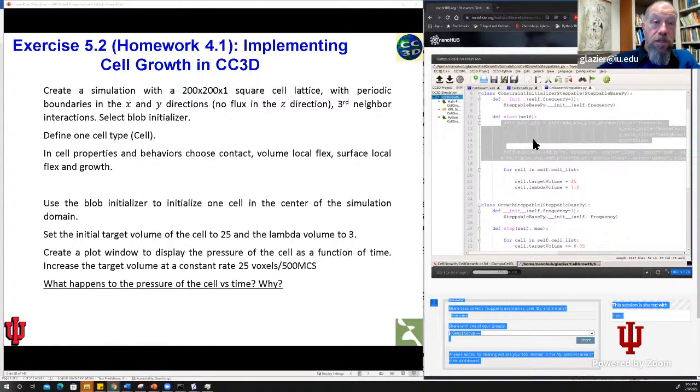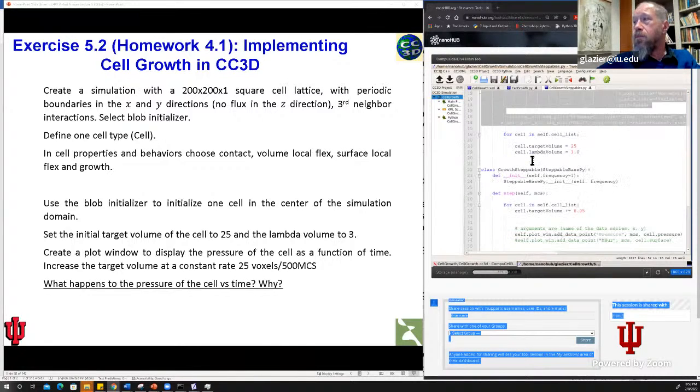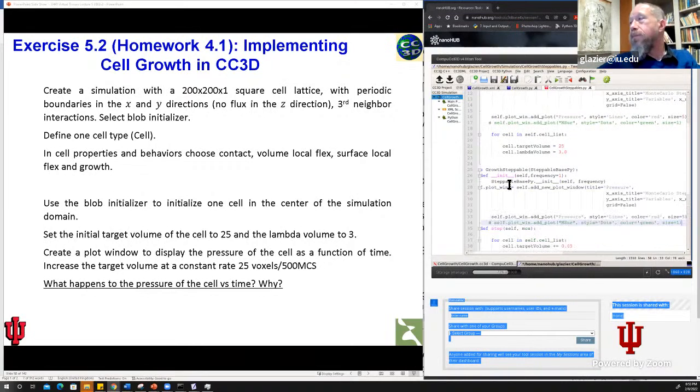So I'd have to either create a step function outside of the growth steppable in the steppable base, or I have to put it here. And actually I don't know, Giuliano, if I put the plot initialization into the init, what happens? Well, let's try it, see what happens.